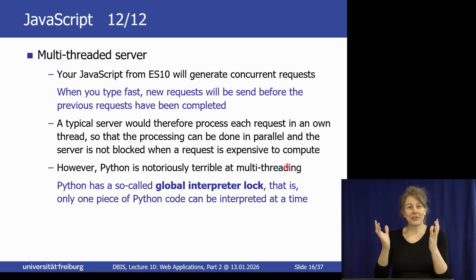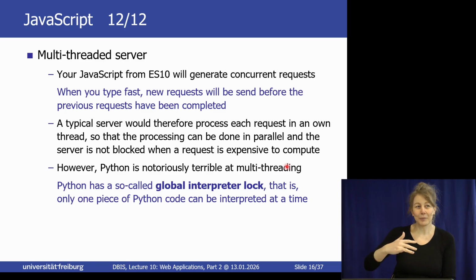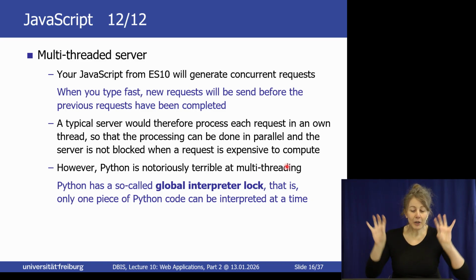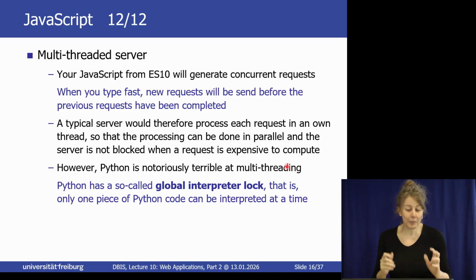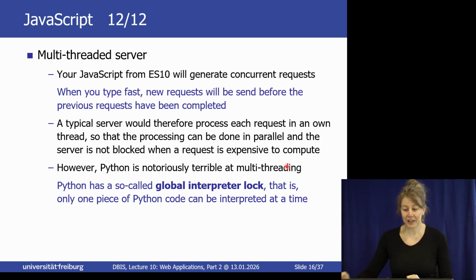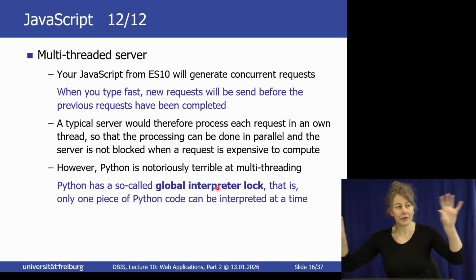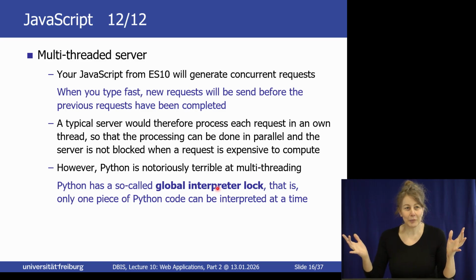And this interpreter has one state, and like we have seen for JavaScript, you can only really execute one line of Python at a time, which means if I now have 3 requests executed at the same time, Python can't really do it, because this interpreter cannot do 2 lines of code at a time. There's more behind it, but the interpreter is not by itself multi-threaded, which means it has a lock. Either I do this or do that. So I can't really do multi-threading.